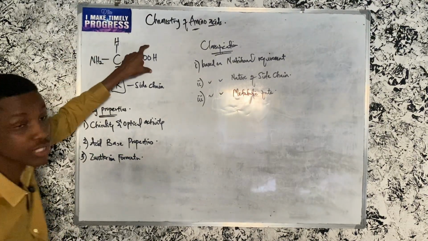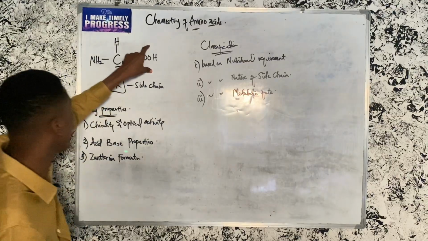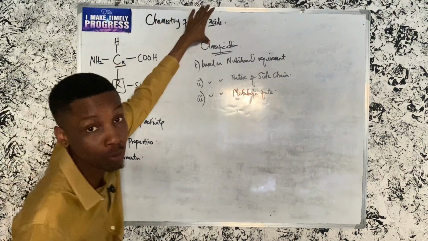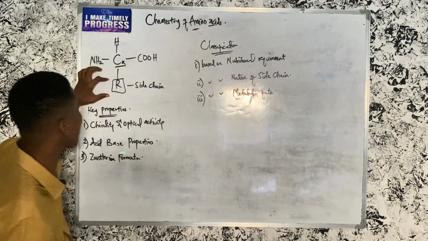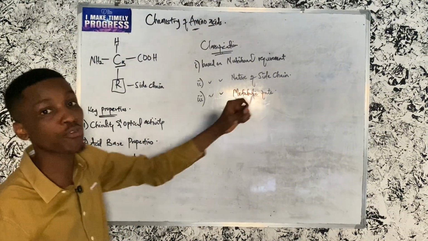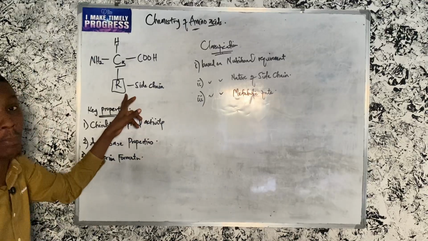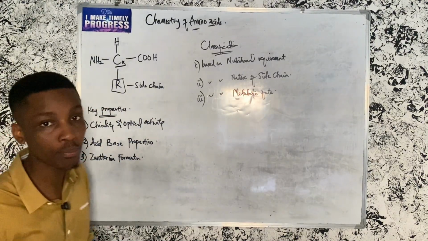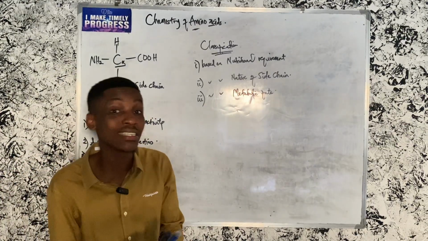Number three, there is a carboxylic group. Number four, there is a hydrogen atom. So this is something we see in all amino acids. The only thing that makes one amino acid different from another is the particular side chain you have. If the side chain is hydrogen, for example, the amino acid you are dealing with will be glycine.